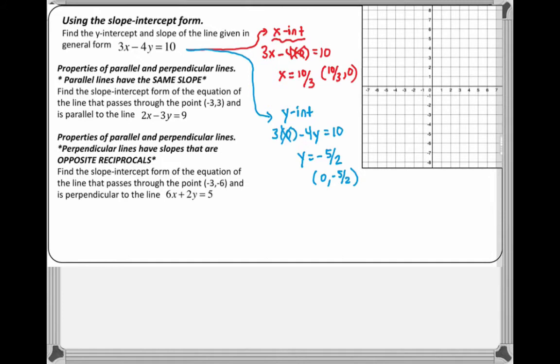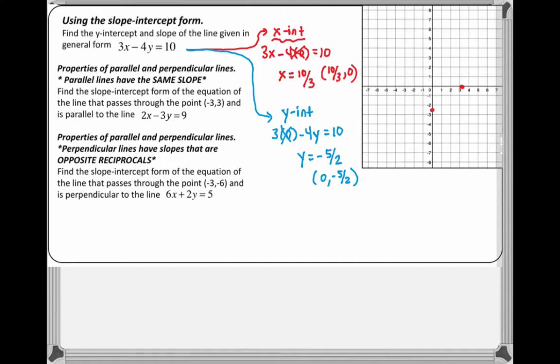So to graph those out, just using this information, just using the 2 points, getting an idea of what this is going to look like. So 10 over 3 is about 3 and 1/3, so something like that. And a negative 2.5.